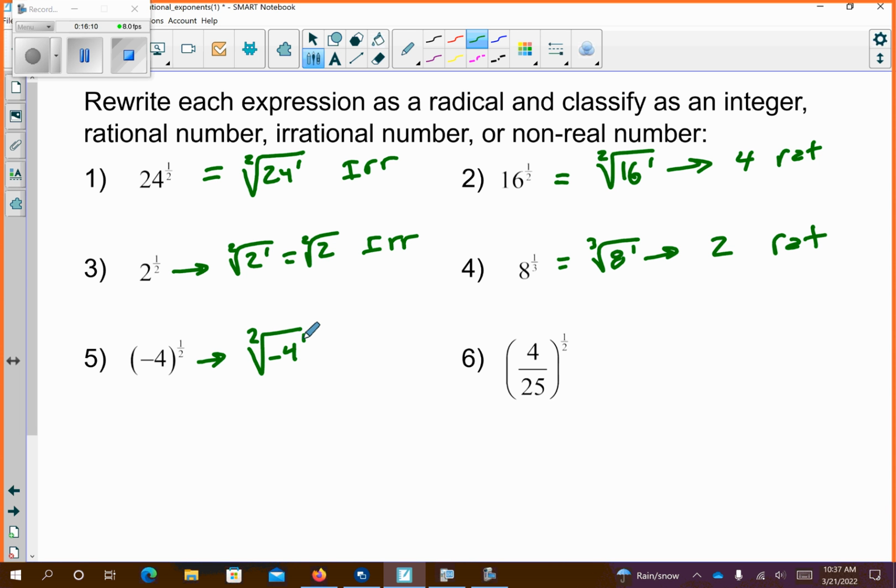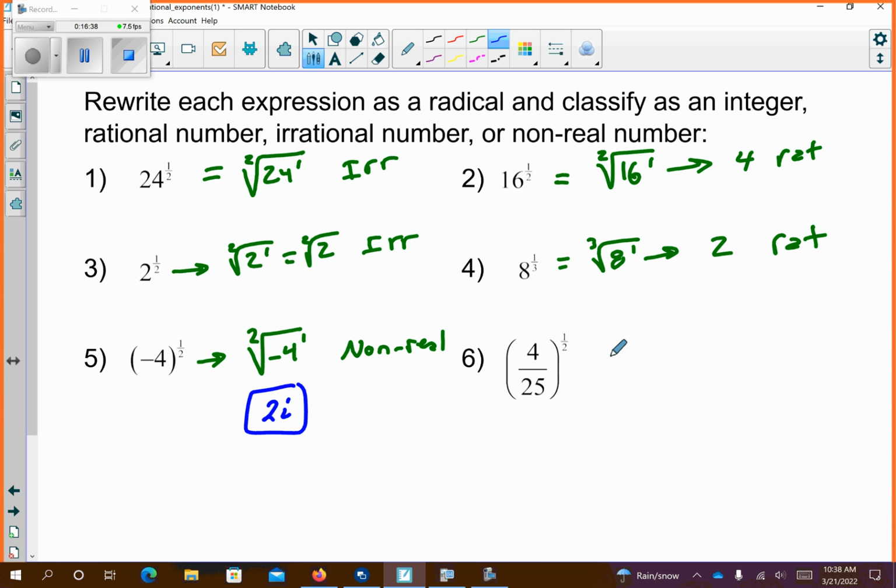It's not going to work right now, is it? Yeah, this is a non-real number. The answer to this, and you don't have to know this at this point, is actually 2i. And i is not a variable. You don't have to know the 2i at this point, but it falls into something called the non-real number system.